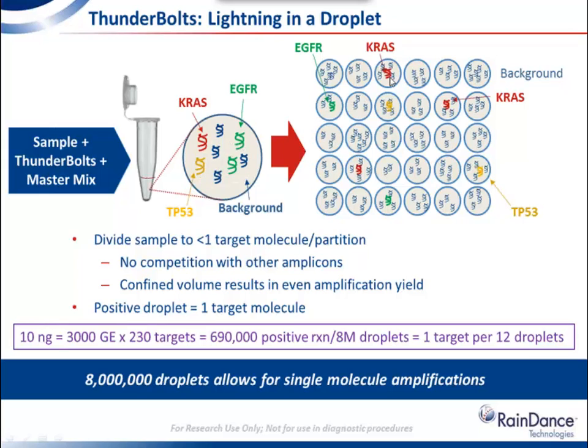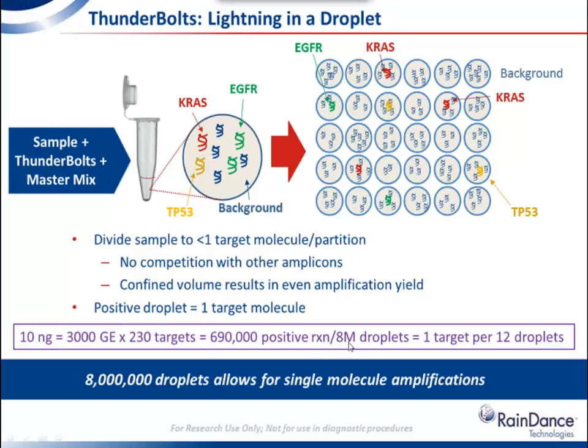You just have a single molecule per droplet, giving you truly digital PCR. For instance, if you have 10 nanograms of DNA, which is about 3,000 genomic equivalents, and you have 230 target regions or amplicons, as we do in this panel, you end up with 690,000 positive reactions.